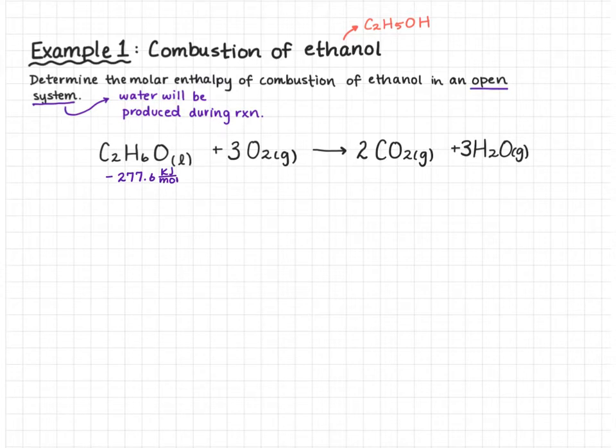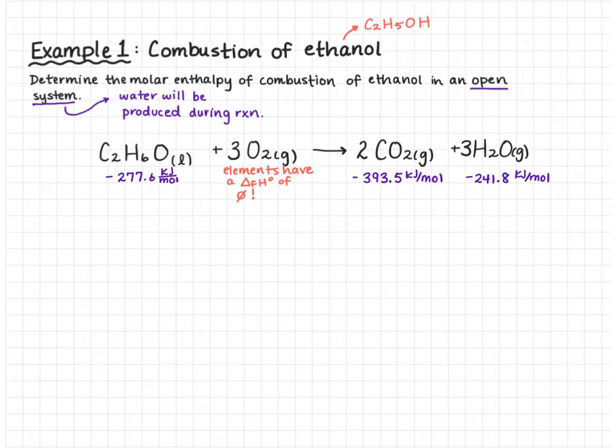That's because elements have a formation enthalpy of 0, so we don't have to include oxygen in our equation. Carbon dioxide has a formation enthalpy of negative 393.5 kilojoules per mole, and water vapor has a formation enthalpy of negative 241.8 kilojoules per mole.